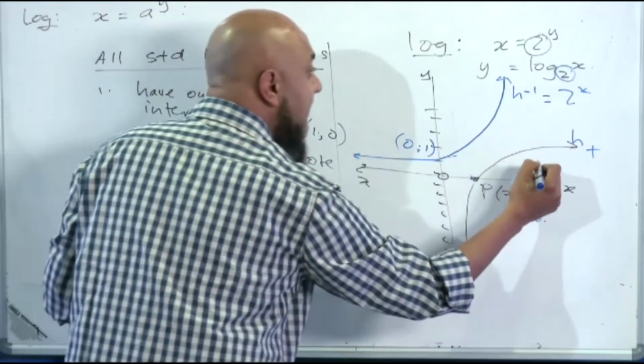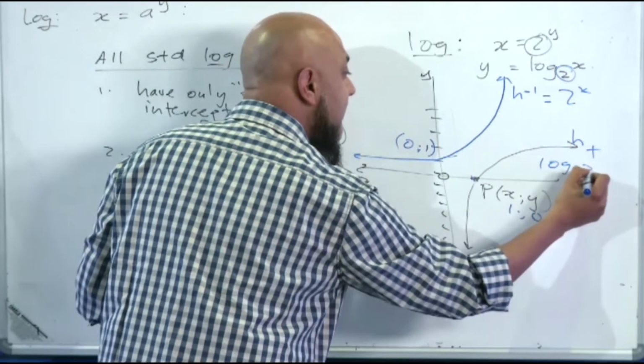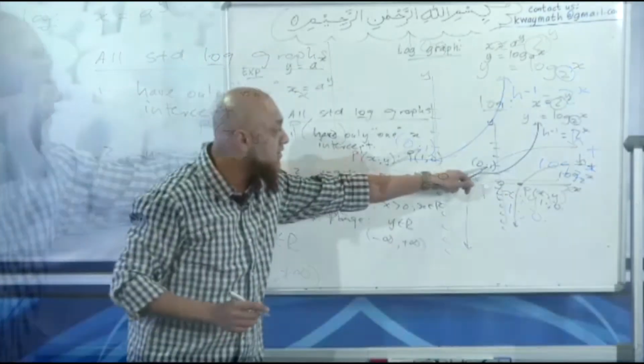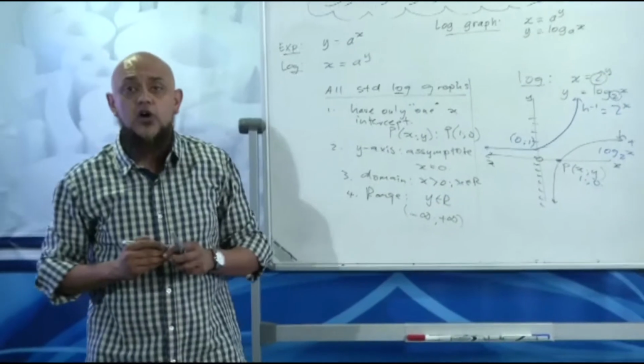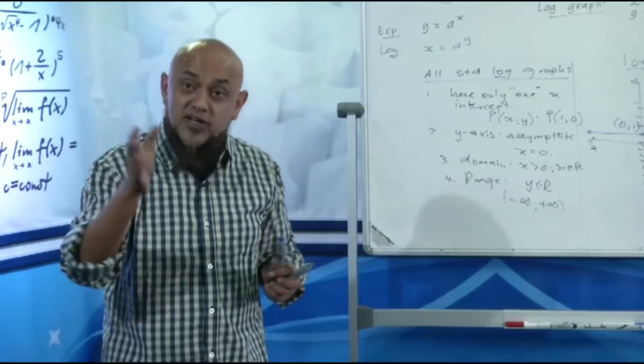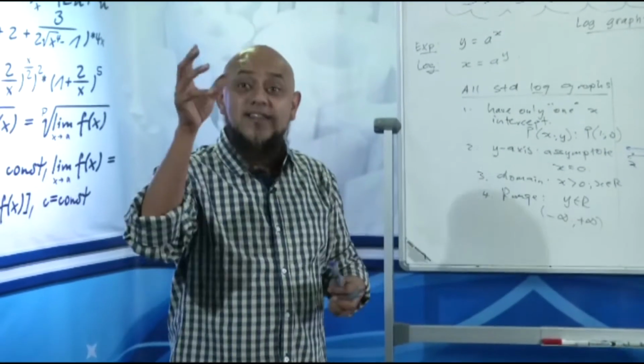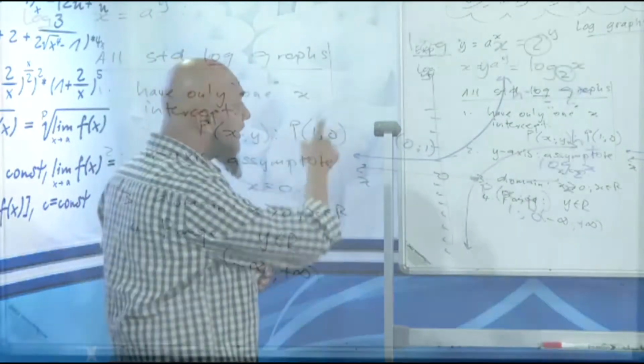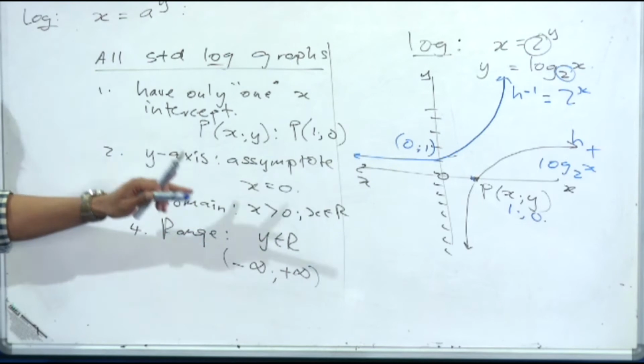So this is the graph log base 2 of x, and that is the graph 2 to the power x. Top one being your exponential, bottom one being your log. Remember, they are related. Where exponents end, logs take over. They come from the same family, but they are opposite. So this is the log graph.